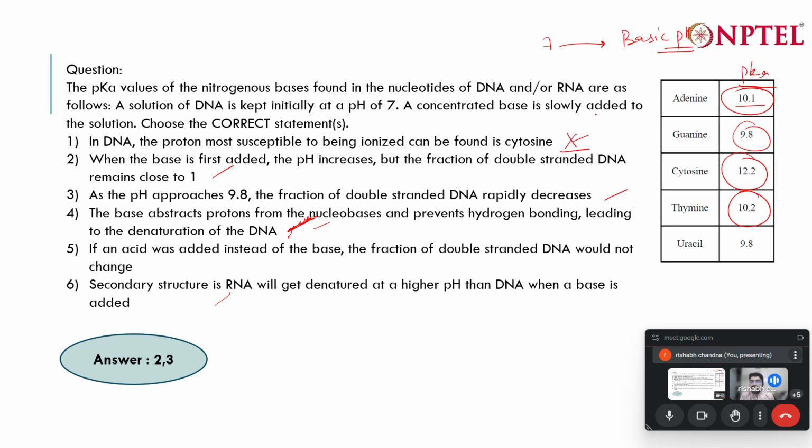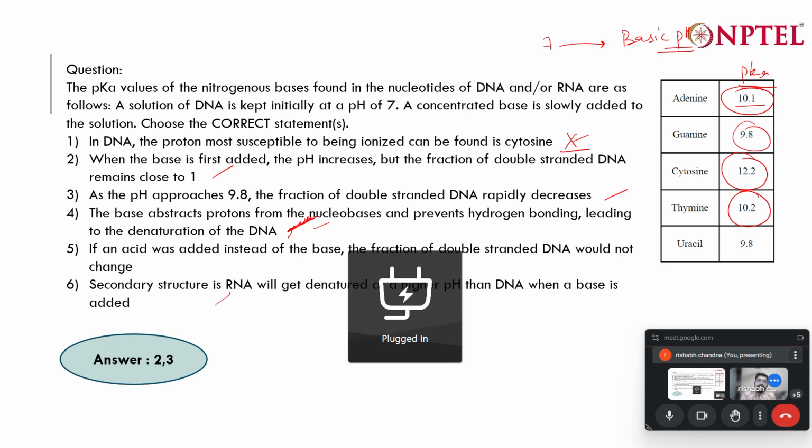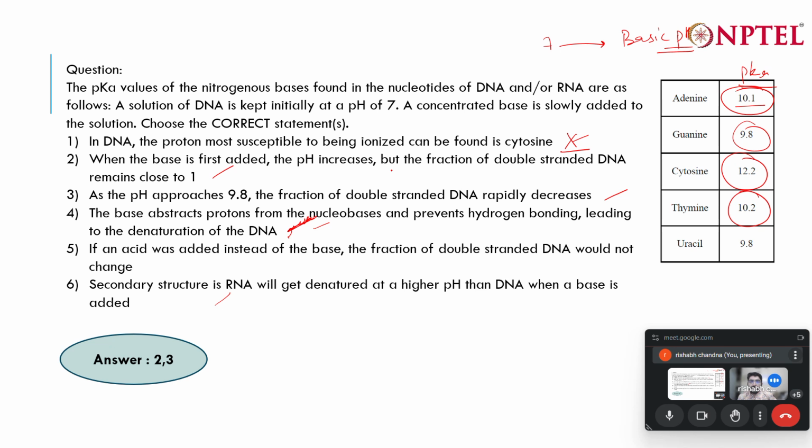Moving to the second option: when the base is first added, the pH increases, but the fraction of double stranded DNA remains close to 1. Okay, so what will happen? Although the pH increases, the double stranded DNA will be the same.